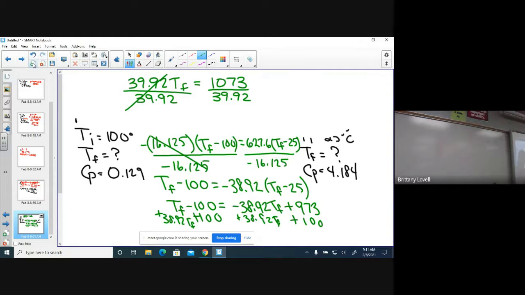So 1073 divided by 39.92, and I end up with around TF equals 26.87875. I'm going to round that to about 3 digits, so 26.9. And 26.9 what? Because we're talking about a final temperature, it's 26.9 degrees Celsius.